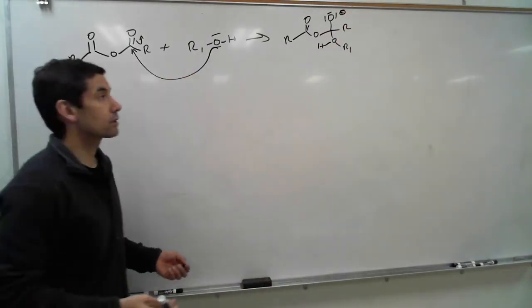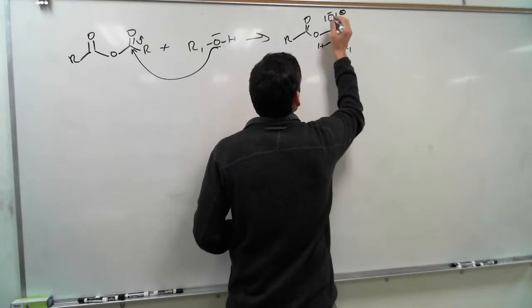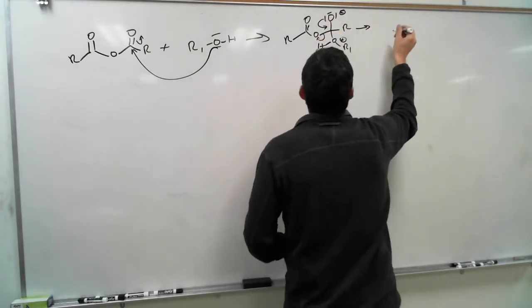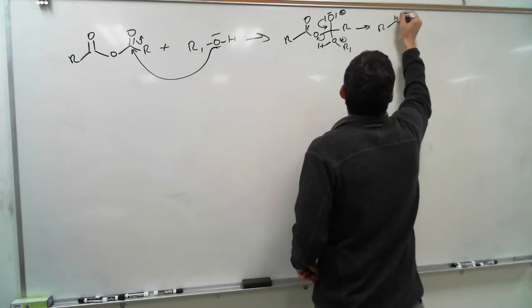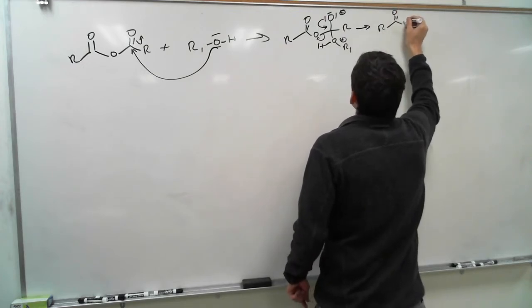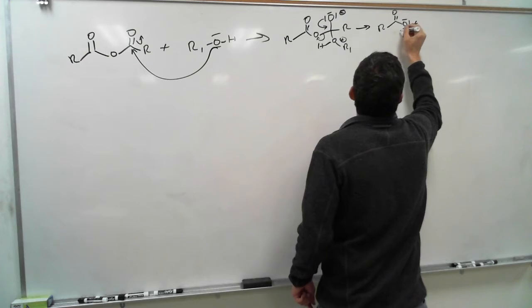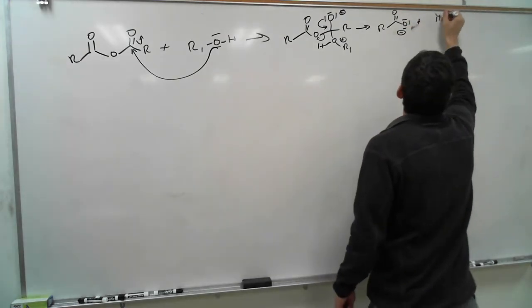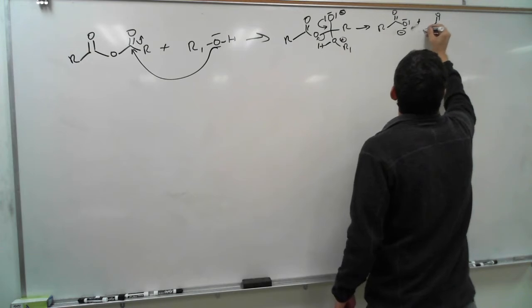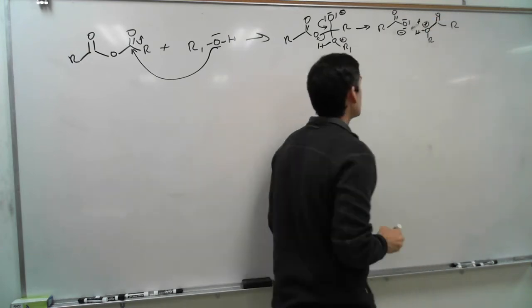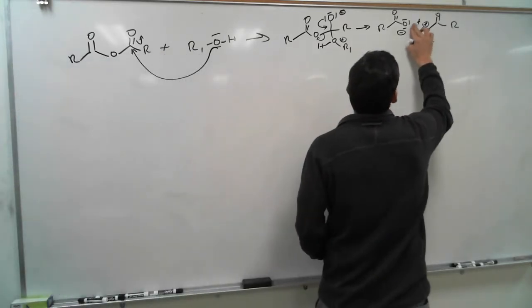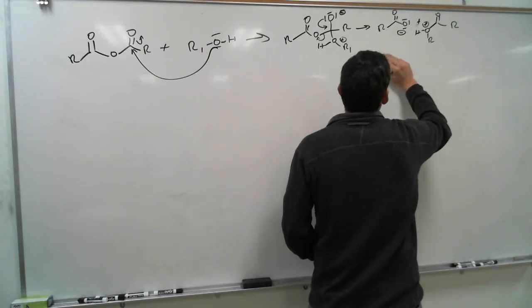As we saw before, electrons are going to come back down, and we're actually going to kick off this group here. And we get this species here. And so we're at this point here, where we kicked off our leaving group with this carboxylate anion.